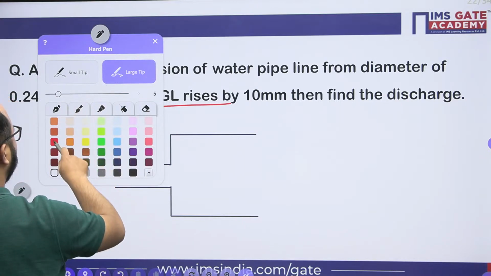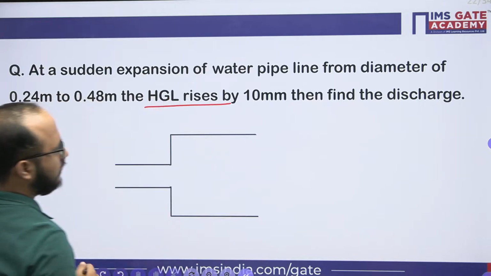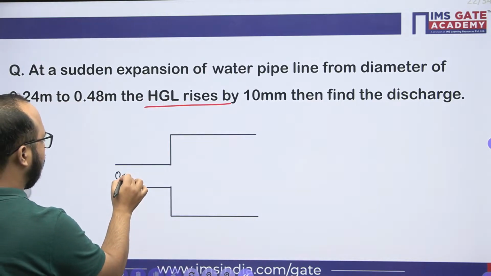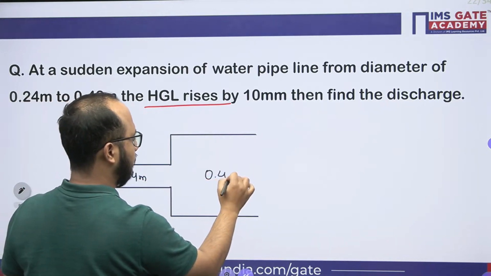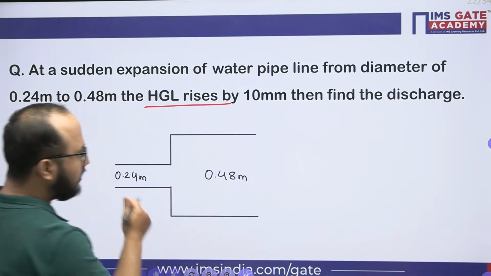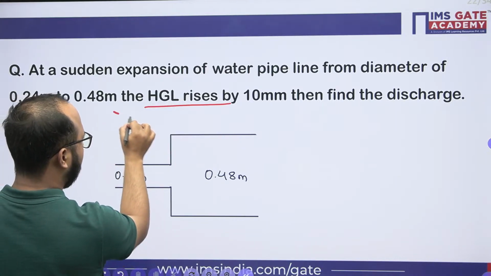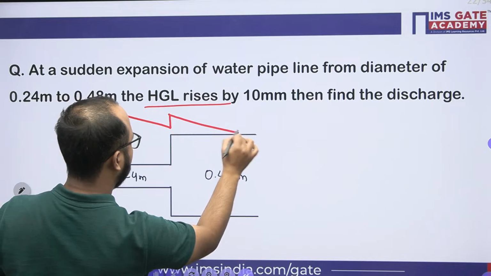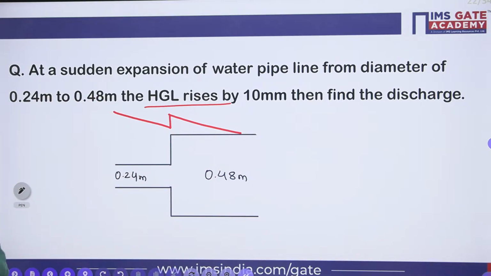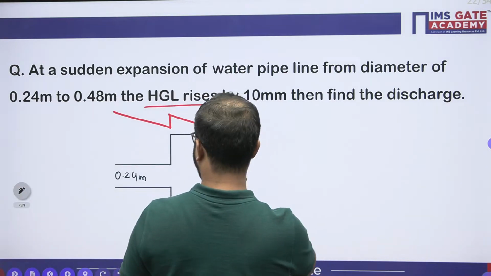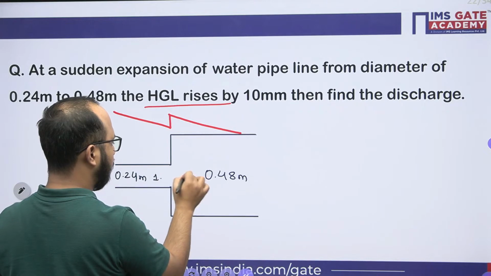Right, now see, here it is 0.24 meter and here it is 0.48 meter. HGL rises by 10 mm. So the rise of HGL, like this it will be there. Let's suppose this is section 1, section 2.